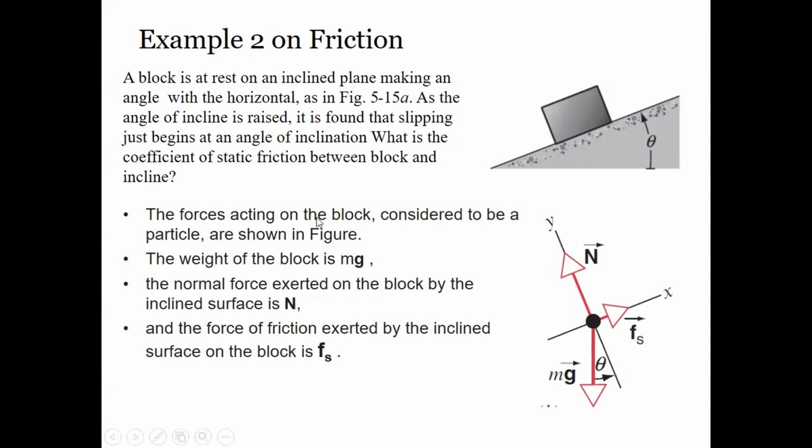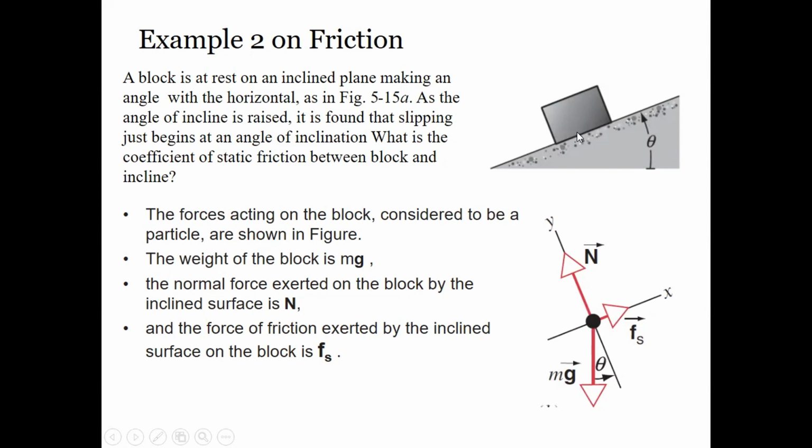So the forces acting on the block consist of the gravitational force, and then there is a normal force, and then there is a static frictional force Fs. Now, this static friction is not allowing the component of the gravity force to make the block go down.